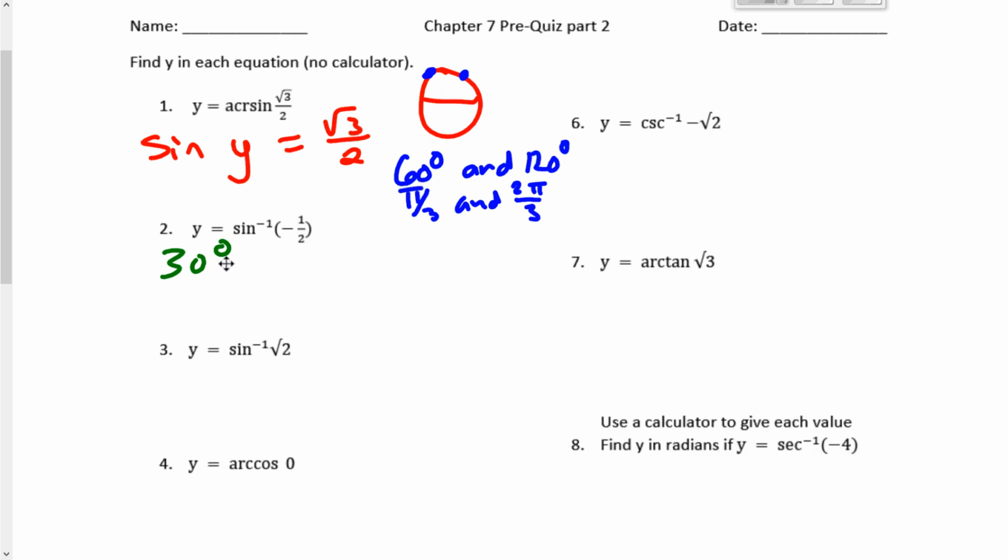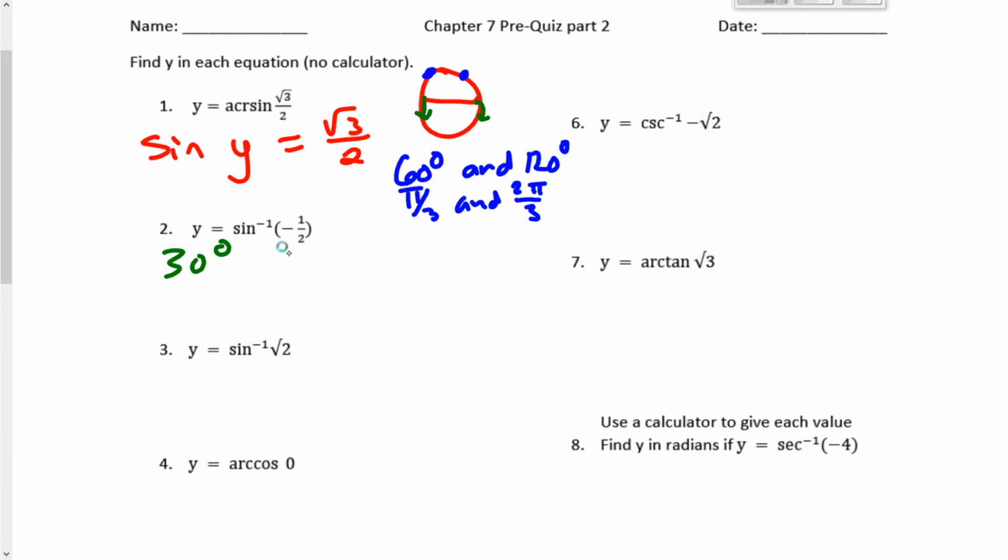So 30 degrees would be one of our answers, but that's just our reference angle. So we would go down 30 here and down 30 here.